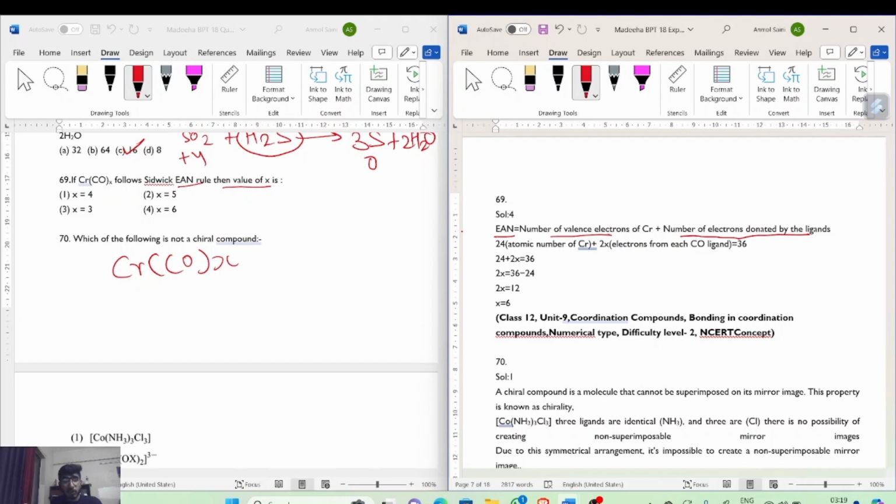The atomic number of chromium is 24. Chromium wants to attain the electronic configuration of krypton, because it is the next noble gas element near chromium, and its atomic number is 36. So we will take the EAN value equal to 36 here.